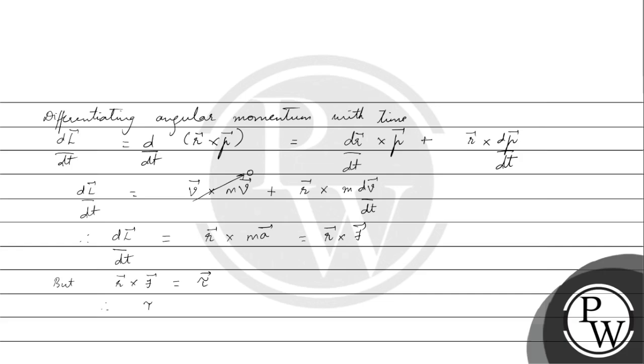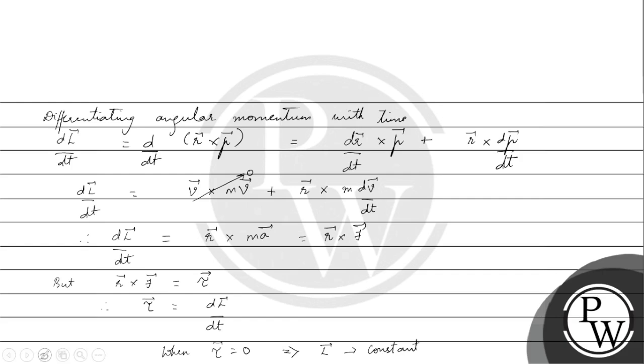Therefore the torque is the rate of change of angular momentum. When external torque tau is 0, we can conclude that the angular momentum is a constant.